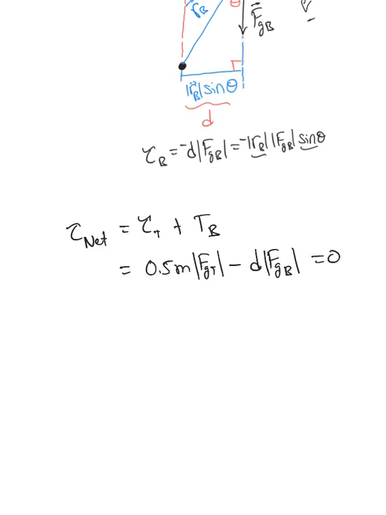And this must equal 0. Solving gives us d multiplied by the force of gravity on the ball equals 0.5 meters multiplied by the force of gravity on the table, or our distance is 0.5 multiplied by the ratio of our forces of gravity.